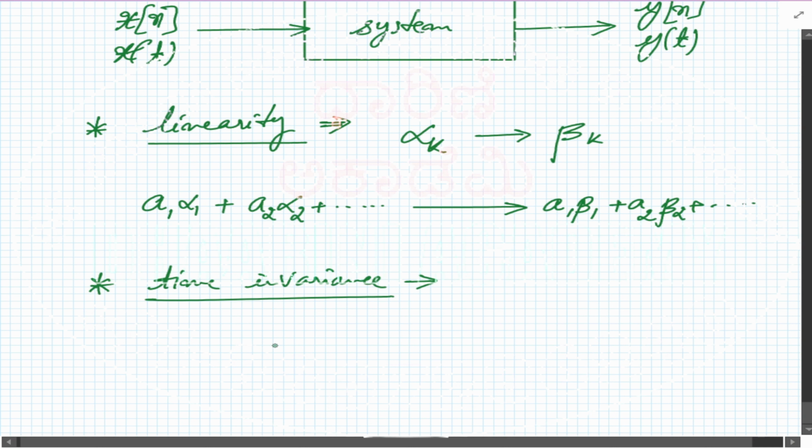So I can represent this in this way. Let's assume x of t produces y of t, where t is the current time.